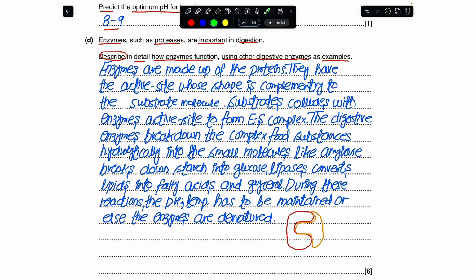Then we need to quote some examples, and we would say that enzymes like amylase break down starch into glucose, or lipase breaks down lipids into fatty acids and cholesterol. At the same time, we would say that during these reactions the pH and temperature have to be maintained. If we are not controlling them, then the enzyme would be denatured. So this is how you would score a total of 6 marks for this.